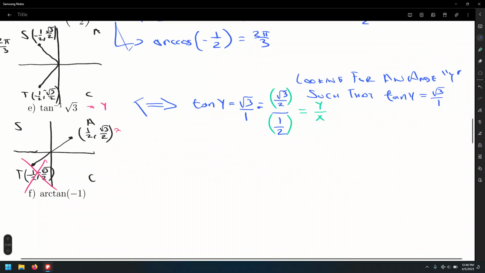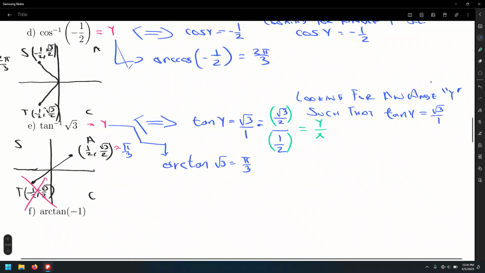Pi over 3. So that being said, let me use the other notation so we can get familiar with both notations. Arctan, which is the same as tan inverse of root of 3, equals pi over 3. And now, is pi over 3 an angle in between?